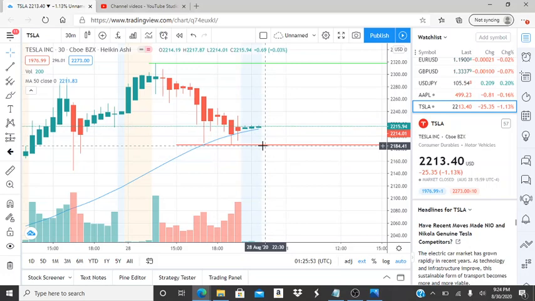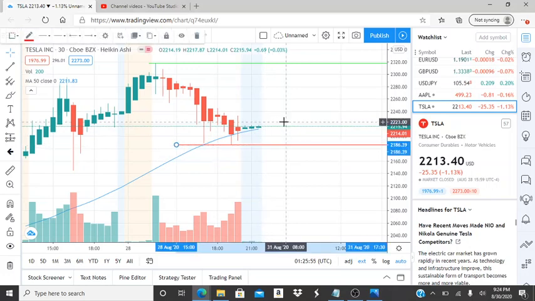But let's talk about the support level. The support level I would pay very close attention to is 2186. Again, if you were to divide that number by 5, you'll get the exact number of what the support is based on the new analysis that is going to be the new charts and the new numbers that are going to be seen based on stock split numbers. So divide that number by 5, and if you're invested in Tesla, you will see your 5 shares.